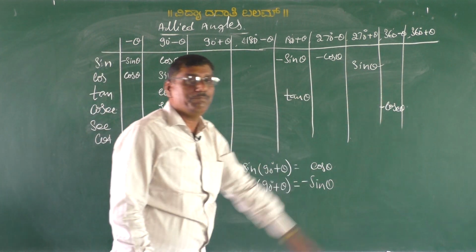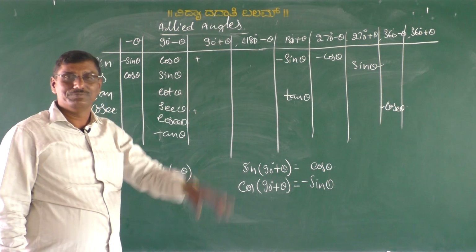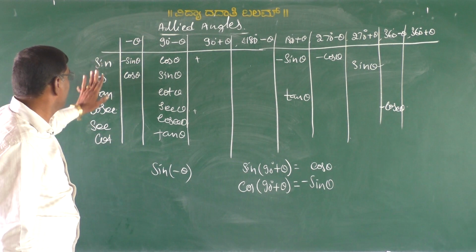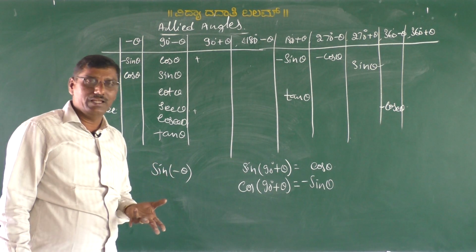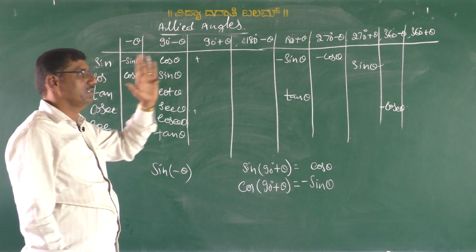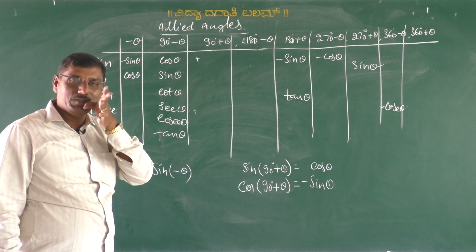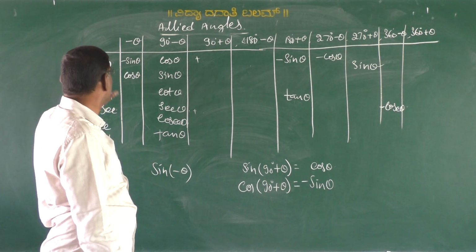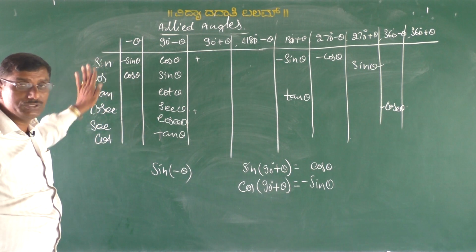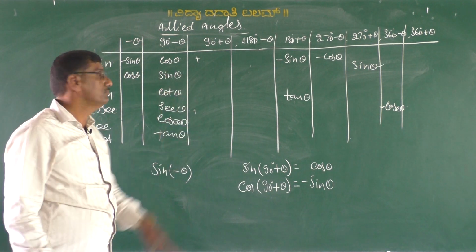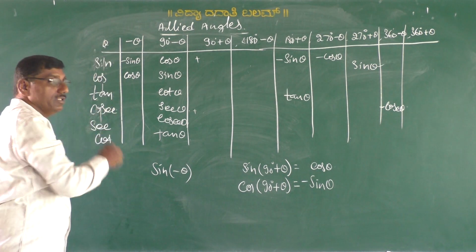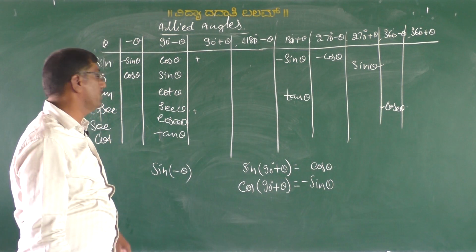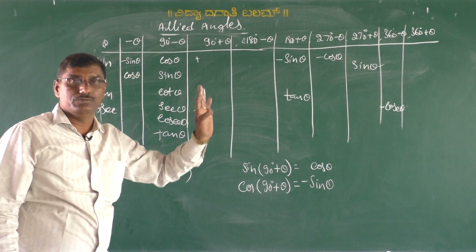The last one, 360 plus theta, is in the first quadrant. In the first quadrant, sine, cos, tan are all positive, and we get the same ratios of theta: sine theta, cos theta, tan theta, cosecant theta, secant theta, and cot theta.